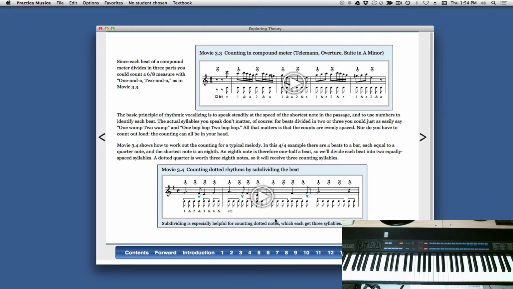Right? So that's kind of how you can, if you keep that pulse in mind, 1, 2, and 3, 4, 1, 2, 3, 4, and 1, 2, 3, off, then you can figure out where the beat lies.